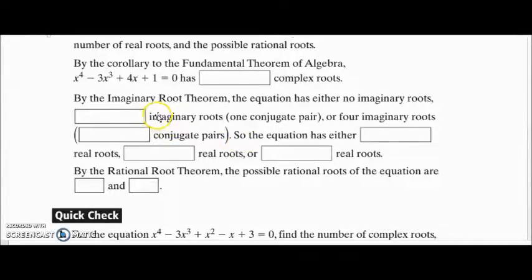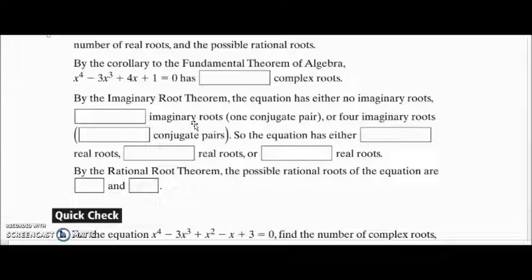By the imaginary root theorem, which we didn't go over because it was in 6.5, this equation either has no imaginary roots, it has 2 imaginary roots, or it has 4 imaginary roots. Those imaginary roots, those are the things like 6 plus or minus the square root of -4.